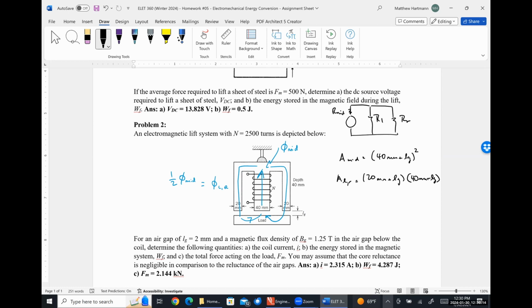Or I just chose to move the branch with the MMF over to the left-hand side to make it easier to see what's going on. Right, so it's only the left and the right that are really in parallel because we've got this coil generating our MMF through that leg. Okay.